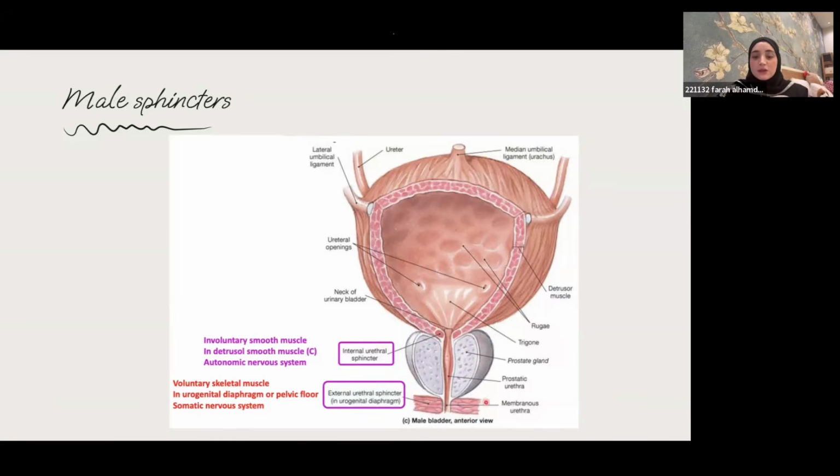The outer or external urethral sphincter is controlled by the urogenital diaphragm, and it is voluntary. So when we teach a kid how to do potty, potty training, are we teaching them to control the internal or the external sphincter?